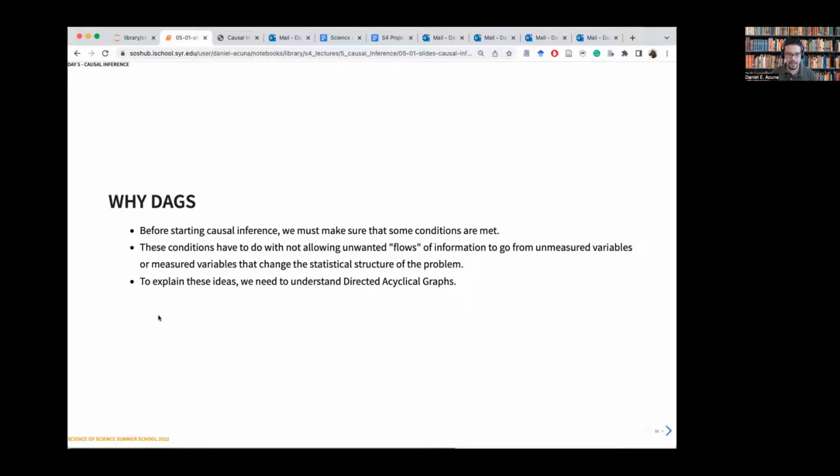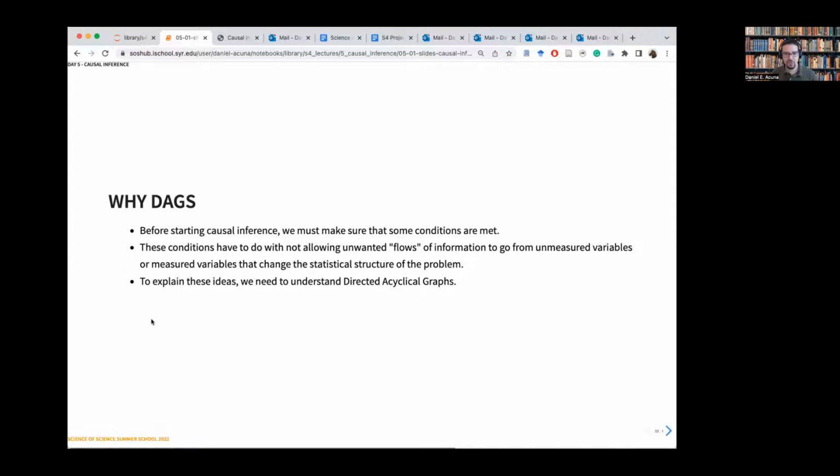Once you make the assumptions about how the world works, and you get observations of some of the variables in your DAG, you can make causal claims about those observations if you control for some of the factors that you assume might be at play in the data. Hopefully we'll give some examples of that.